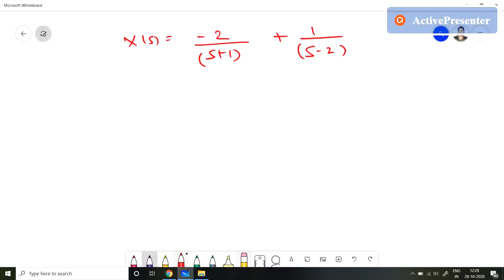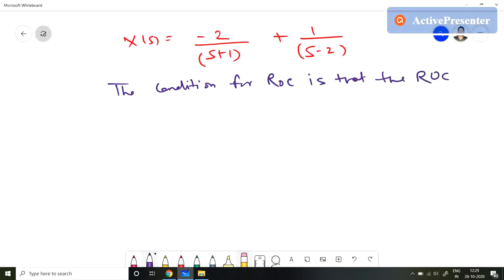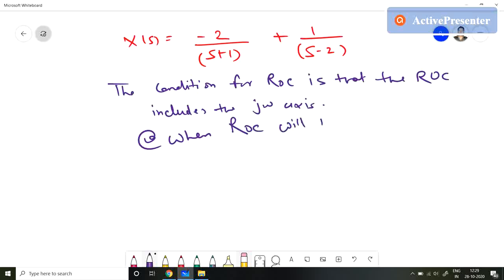Now the condition provided for the region of convergence is that the region of convergence includes the j omega axis. Why am I saying this? Because when the ROC includes the j omega axis, that means s is simply j omega.